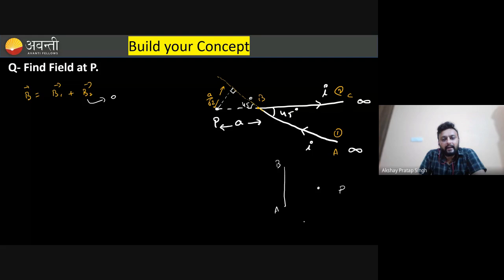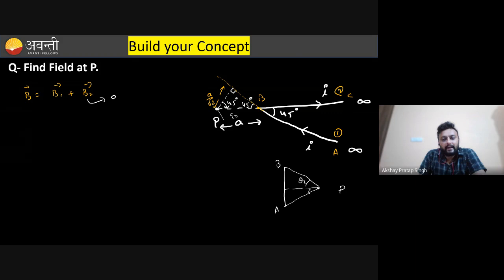This is point P. This is the perpendicular here. So the end A makes an angle theta 1 and B makes an angle theta 2. Can you identify the angles now? The end A and end B, how much angle do they form with the perpendicular? So this is the perpendicular. B makes an angle 45 and A makes an angle 90 degrees.